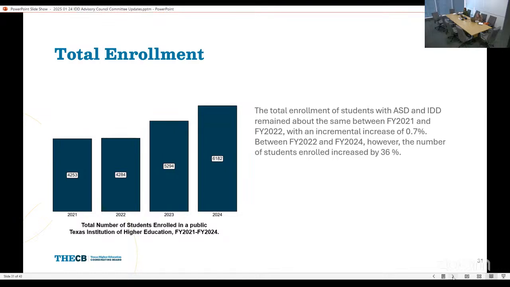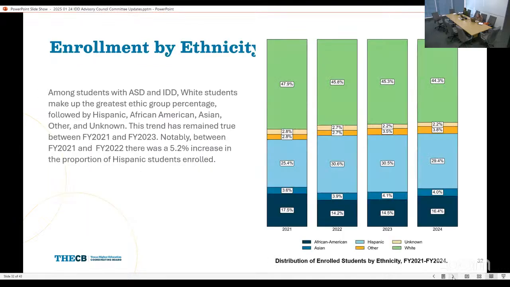That's an incremental increase of 0.7% between 21 and 22. However, between 22 and 24, the increase was by 36%. So that's good. Okay. Imagine if that curve keeps that steep slope.